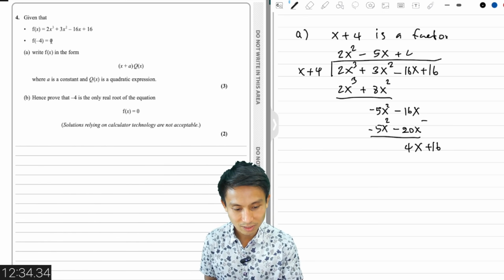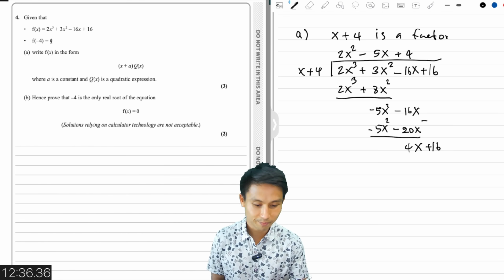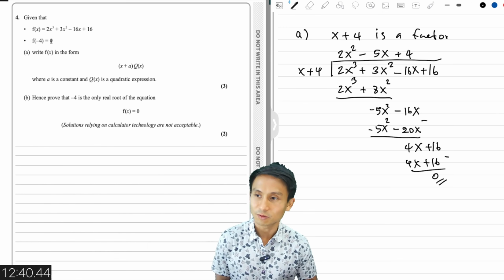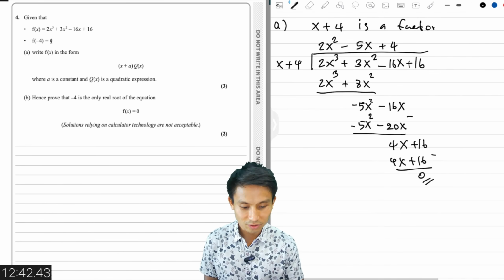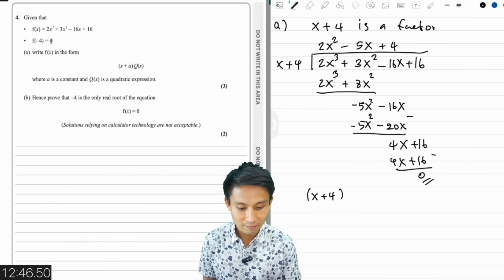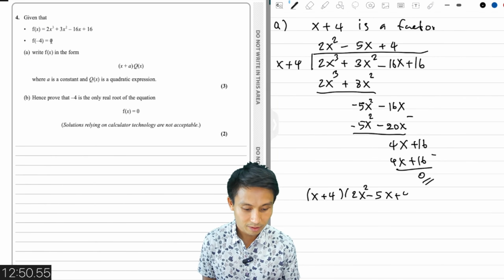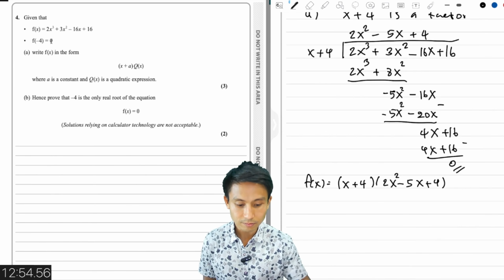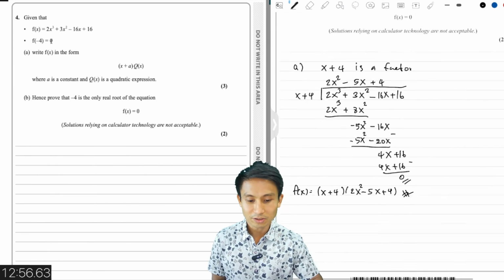Now this is obviously 4 for the quotient. So this is 4x plus 16, and of course if you subtract that, you get remainder of 0. So that is just to show that because q(x) is a quadratic factor, you can write them down like this. And that is a long division there. So that's the answer. Now that's called long division.